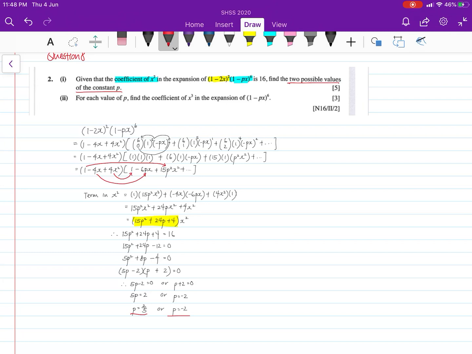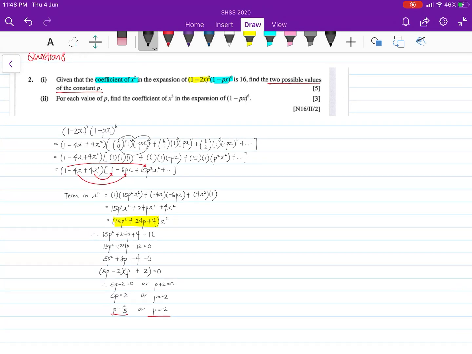There you go. Now, they say in part 2, for each value of p, find the coefficient of x cubed in the expansion of (1 minus px) to the power of 6. Now, let's substitute p equals to 2 over 5 first. So we get (1 minus 2 over 5 x) to the power of 6.